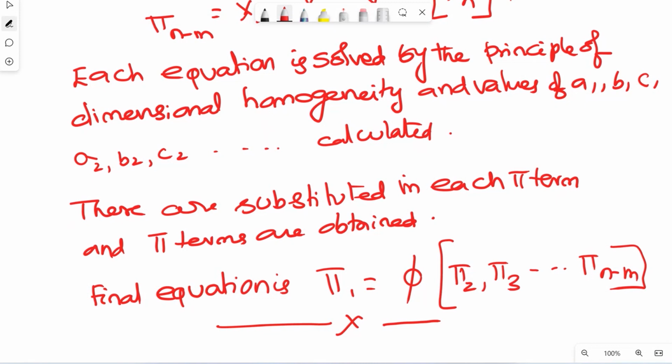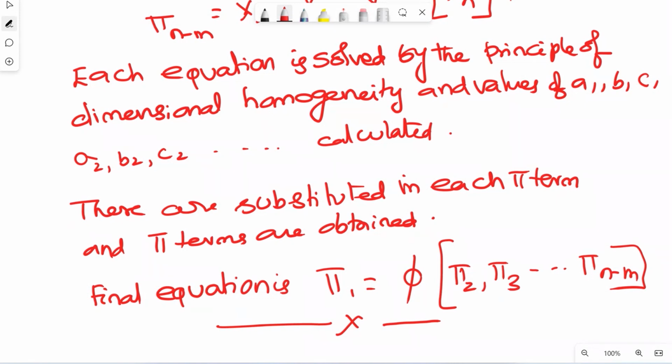Actually, if there are n variables in a physical phenomenon, and these n variables can be represented by m fundamental dimensions, right? Now, according to the Buckingham pi theorem, this problem can be expressed in terms of n minus m dimensionless terms. Each dimensionless term is called a pi term.